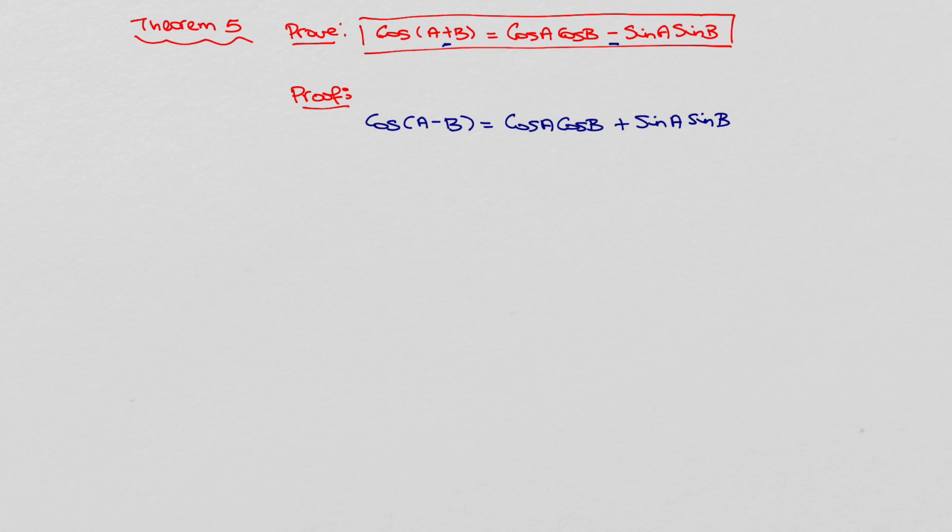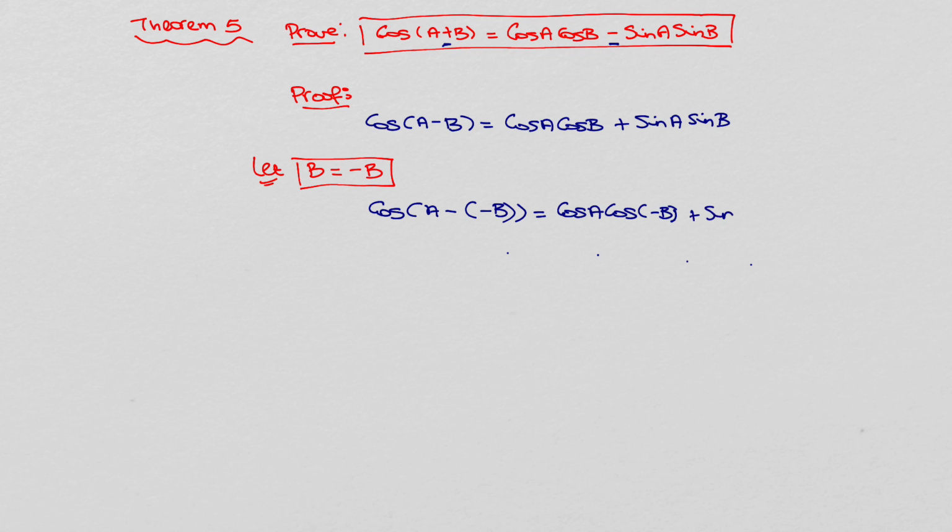And all we do is we say, well, let the angle B equal the negative angle B. So wherever there's a B, I'm now going to replace that with minus B. So we have cos A minus, and instead of B, I'm now putting a minus B, is equal to cos A cos, and instead of B, I'm putting minus B, plus sin A sin, and instead of B, I'm putting minus B.